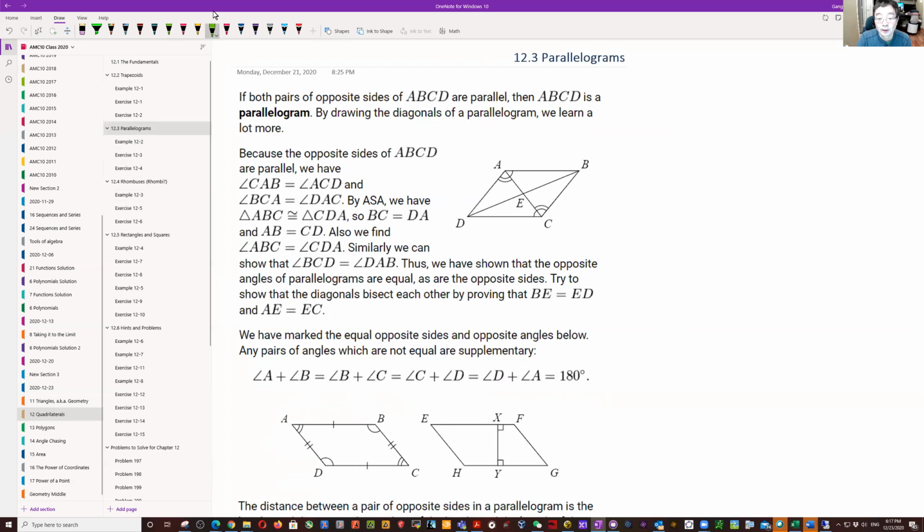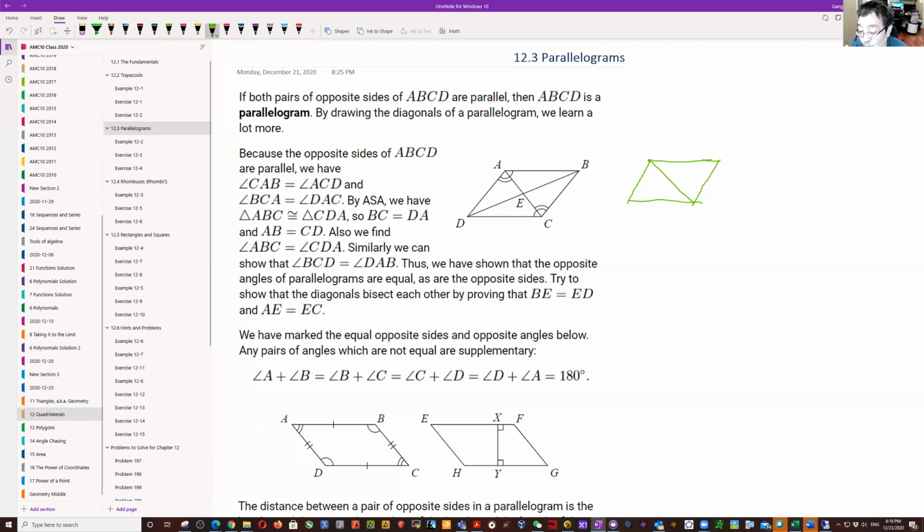By definition, a parallelogram has two pairs of opposite sides parallel. What we are trying to prove is that the opposite sides are equal in length. How do we do that? It's actually not very difficult. What we do is draw a diagonal.